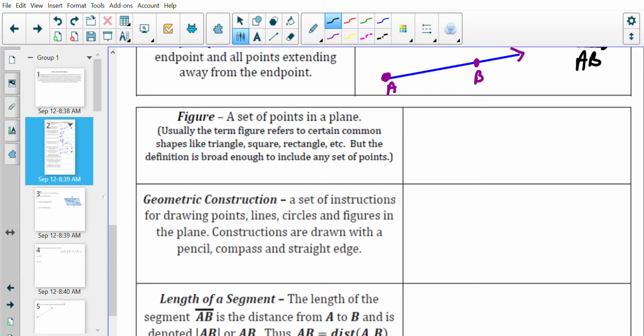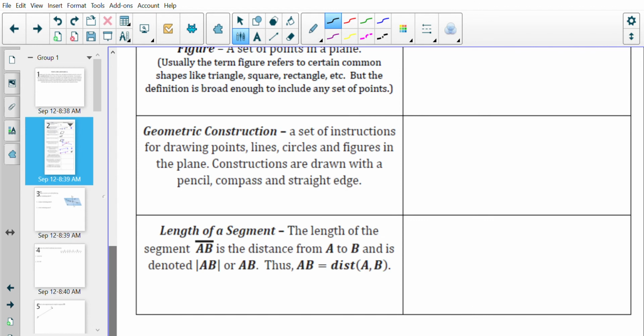A figure, basically, it's a set of points in a plane. Figures: triangles, squares, rectangles, etc. So any shape could be a figure. A geometric construction, it's instructions for drawing points, lines, circles, etc. within a specific plane. Typically, we use a pencil, compass, and a ruler for it.